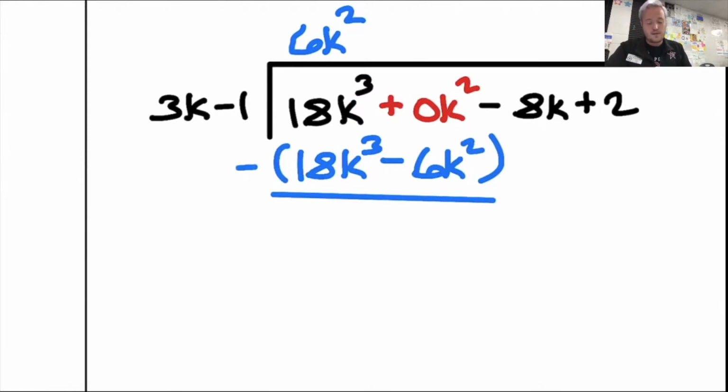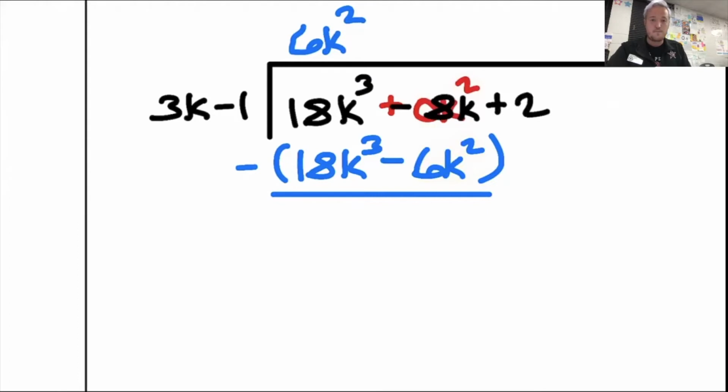If you notice here, because of that placeholder, these k squareds line up. If I didn't have that 0k squared placeholder, I'd have 8k over negative 6k squared. Those couldn't combine, they're not like terms. So I would be at a stopgap right here, which means I have to have that placeholder.